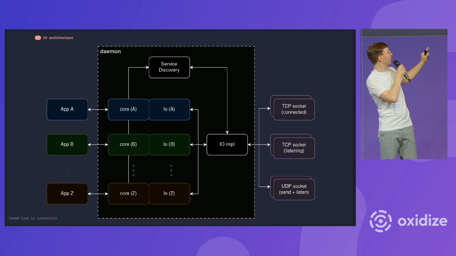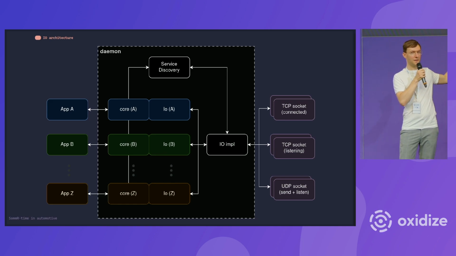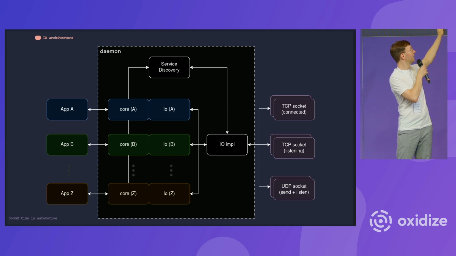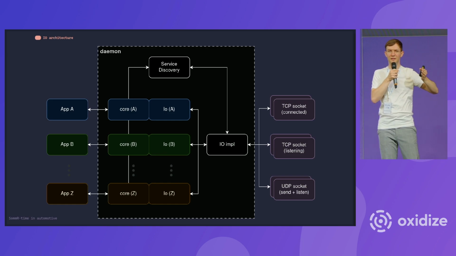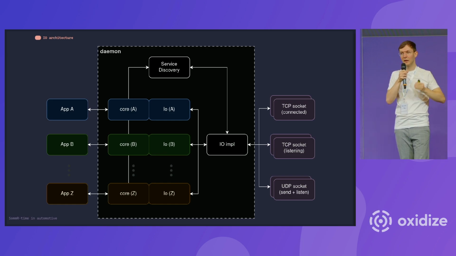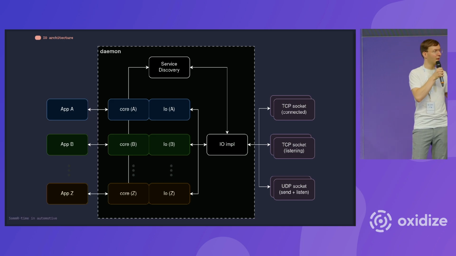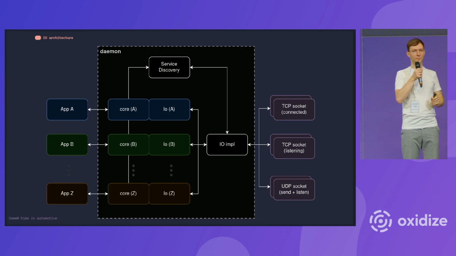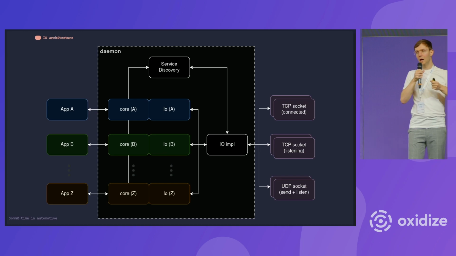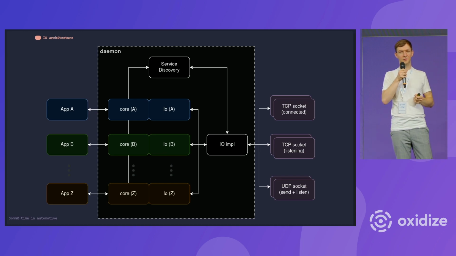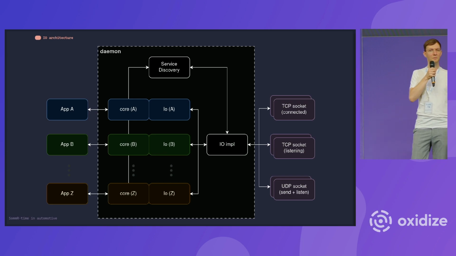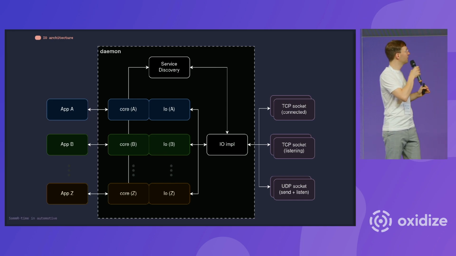But what is important for us now is that per app, we have one handle of the core. The core does high-level SommIP things like consume service, provide service. And we have a handle for I/O, which will take care of, okay, I need to connect before I actually send a message. Or because I'm subscribing to a service, I need to start a listener on something, when I provide a service.